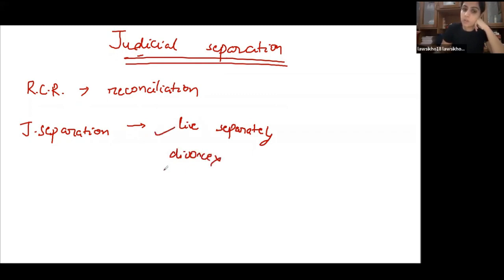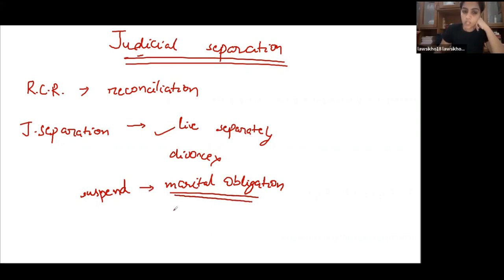We will live separately, we will not get divorced, and our marital obligations, please suspend them for some time. We will not be performing our marital obligations so that we get an opportunity to piece our lives together, to see what went wrong in our relationship and how it can be fixed, and also to decide whether it can be fixed or not.